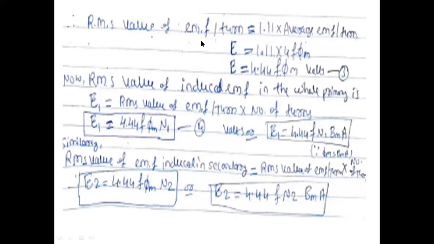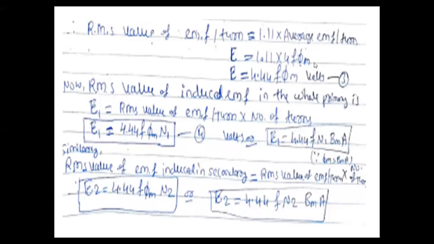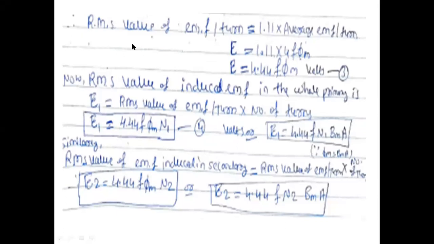Therefore RMS value of EMF per turn equal to 1.11 into average EMF per turn.